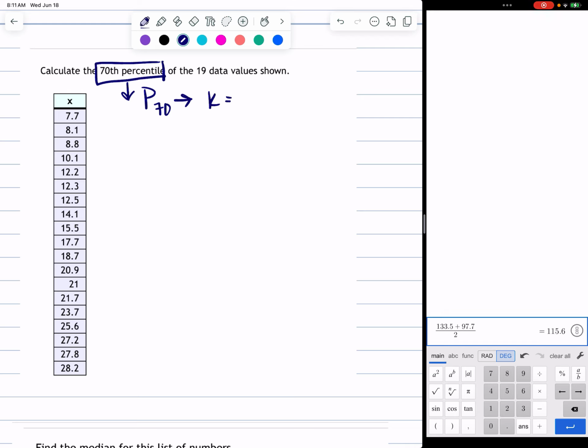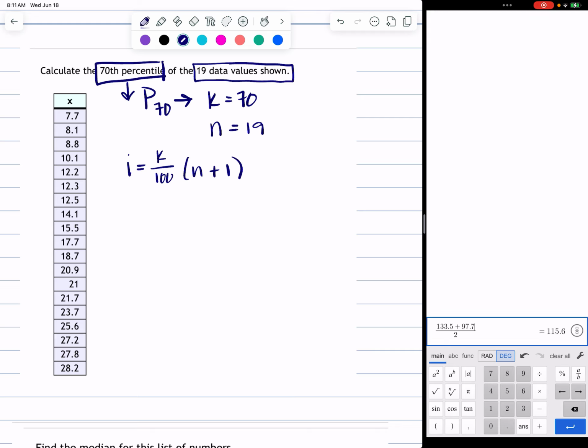That implies that our K value is 70. We have 19 data values, so that's our N. And the formula we need to find the 70th percentile is I equals K over 100 times N plus 1.